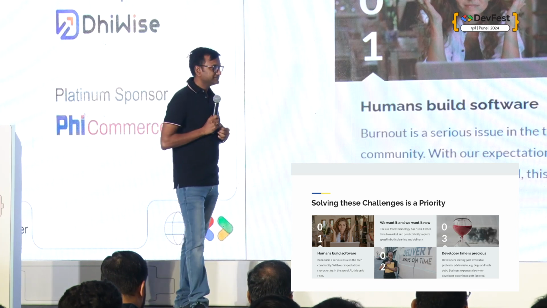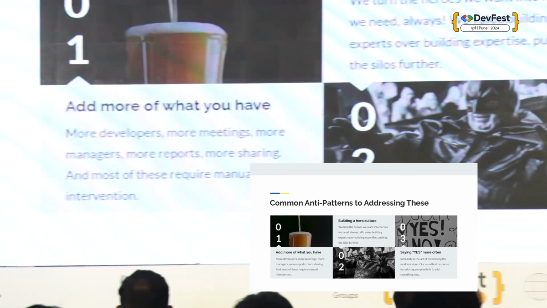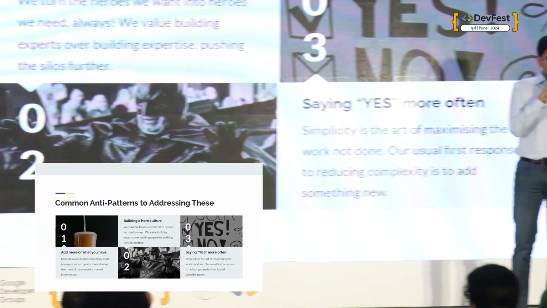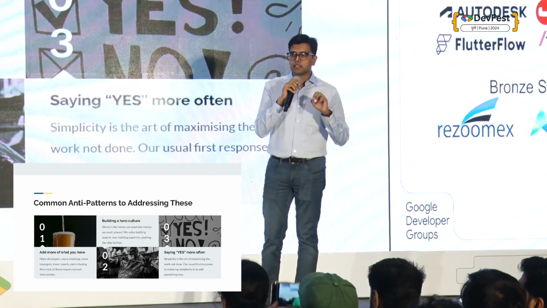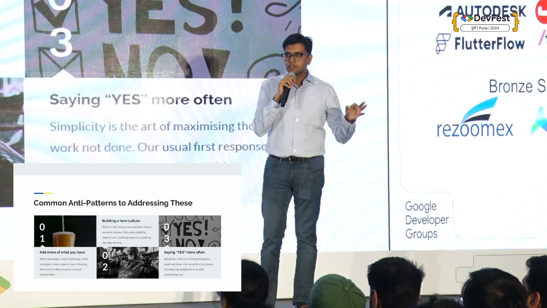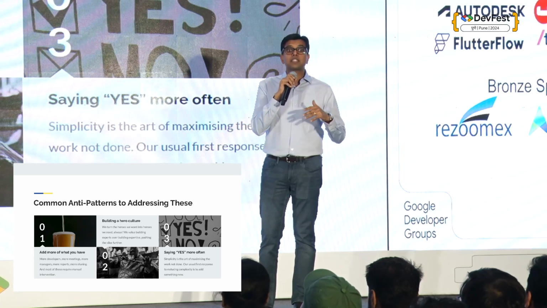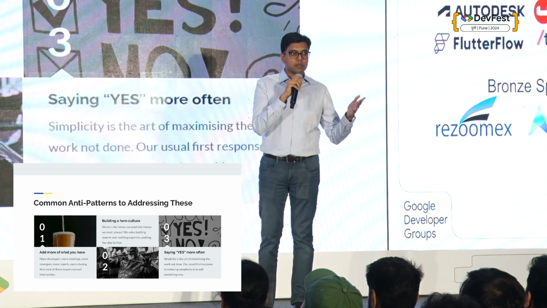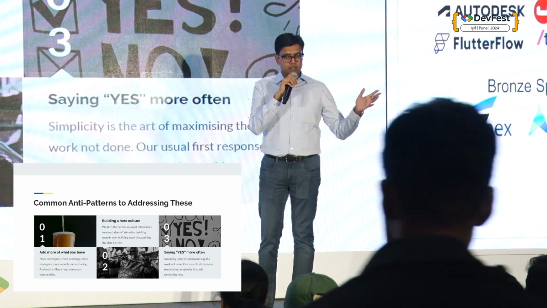Next slide, please. So now we know the problem. You want to solve it. A lot of the time, we solve it using anti-patterns. Here's one example. Doing more of something doesn't necessarily solve your problem. If your project is delayed and you add more people, nine women can't make a baby in one month.